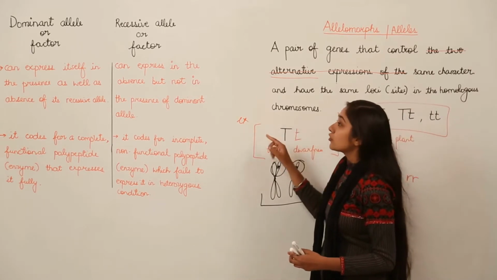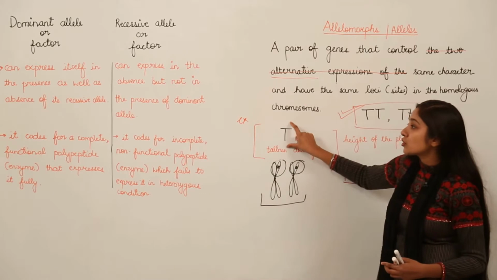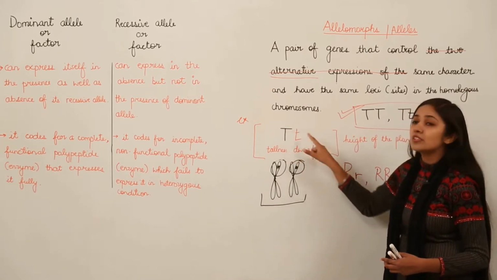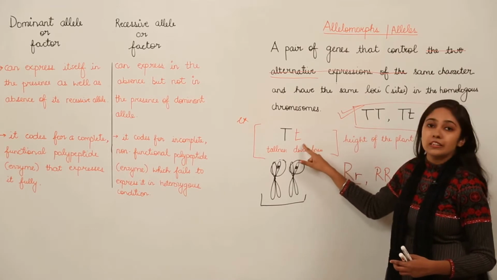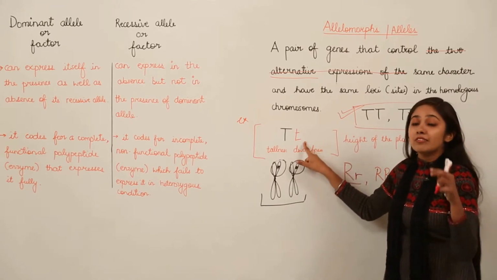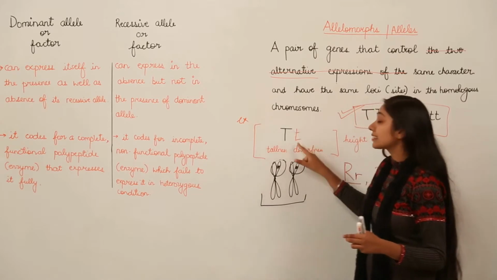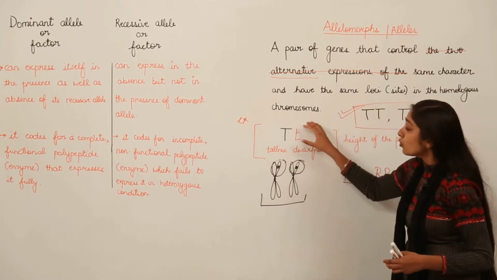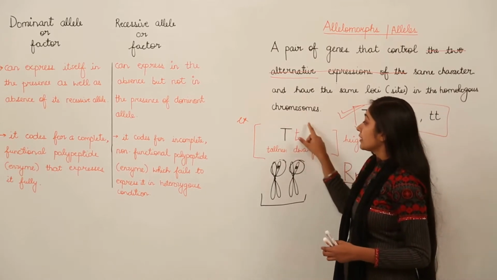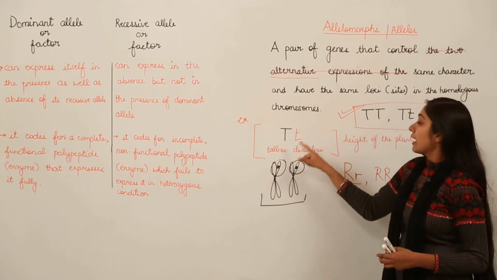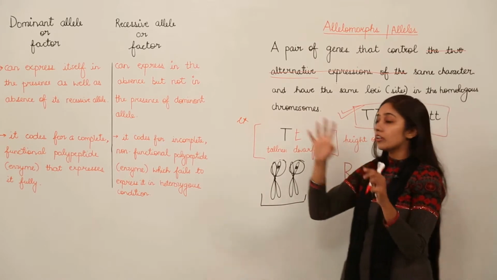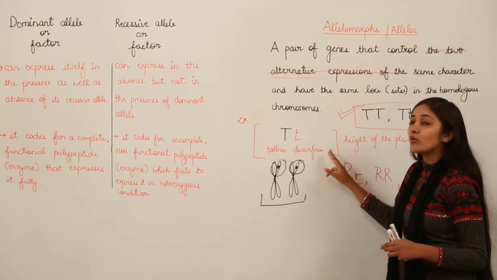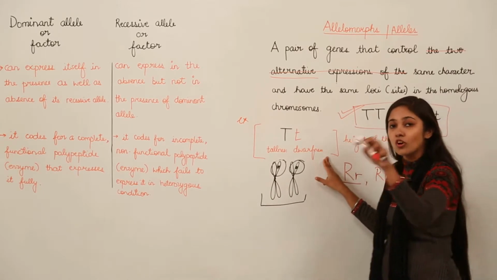Okay, so dominant allele is that allele which is going to express itself in the presence as well as absence of this recessive allele. Remember, we write the recessive allele in lowercase letter and we write the dominant allele in uppercase letter. So for this pair, the plant is going to have a taller height. It means we will have a taller plant. We will not see the characteristic of dwarfness. We will not see a short height plant.